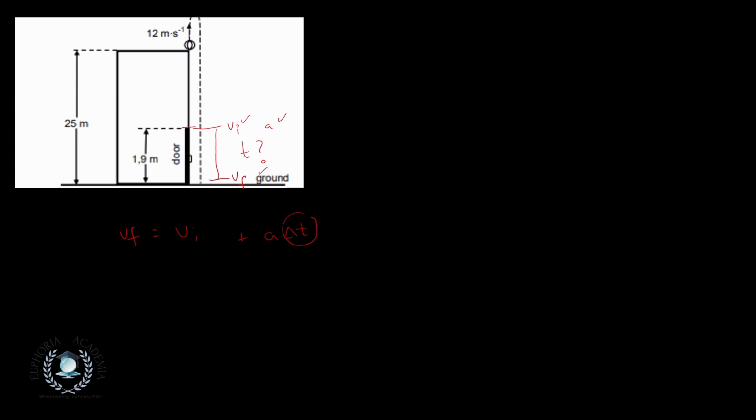Alright, so I guess that should be our mission right now. Our mission is to find that initial velocity, right, to make things easier for us. Alright, now how do we find that initial velocity?